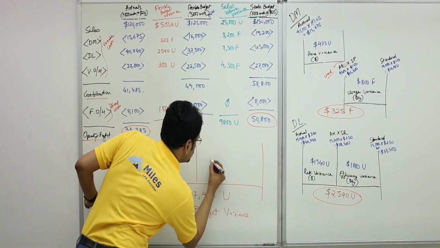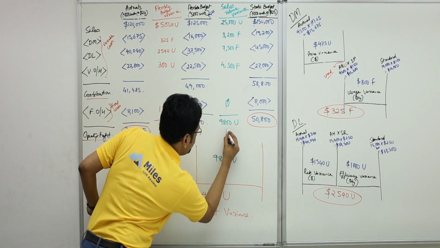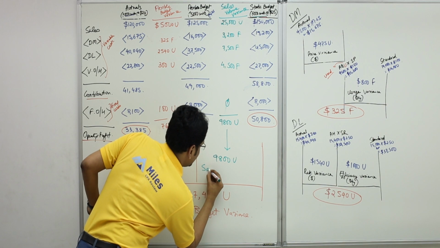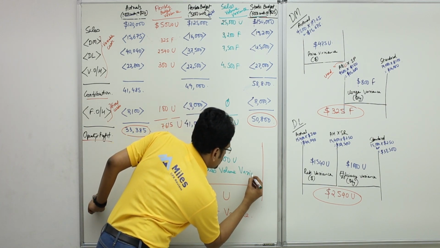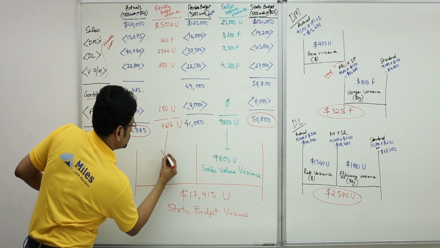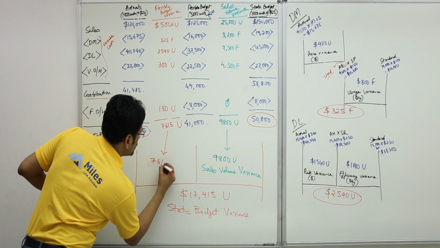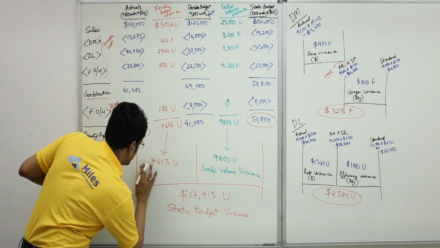So this is 9,800 unfavorable. This is sales volume variance. This is 7,615 unfavorable flexible budget variance.